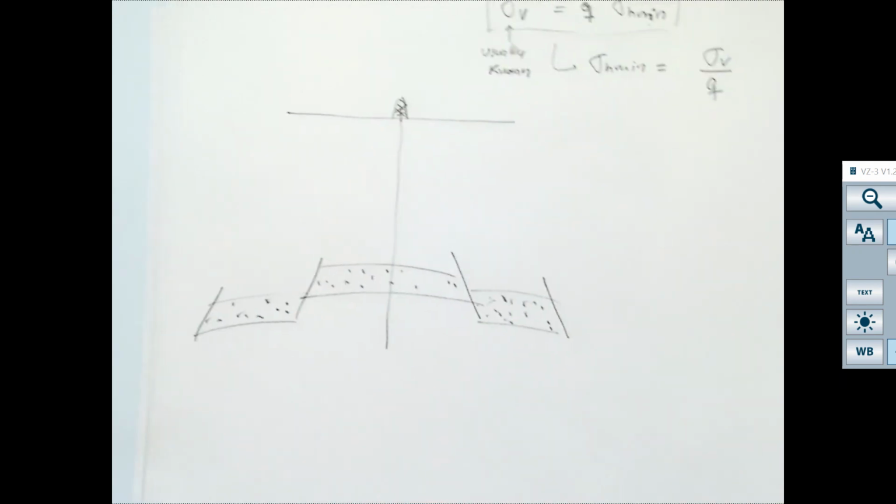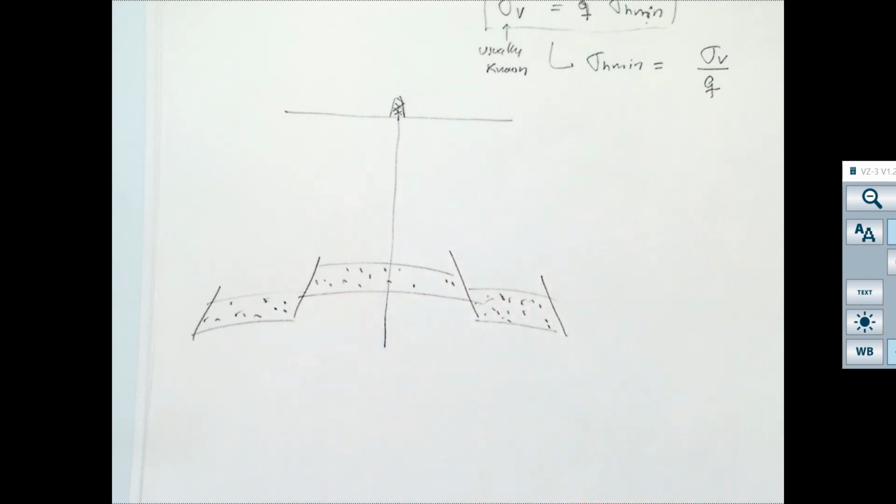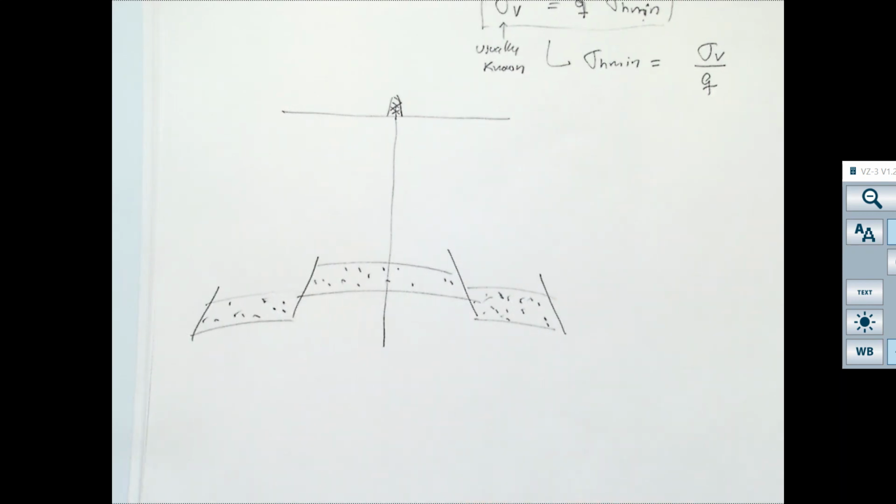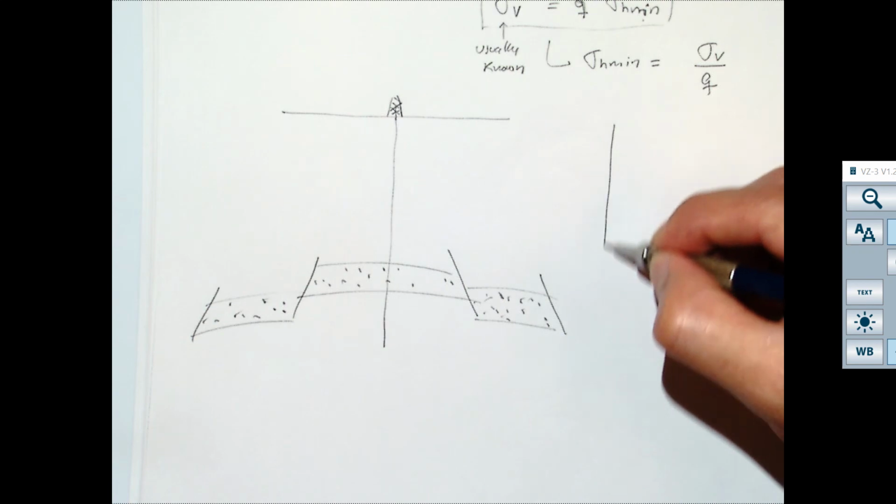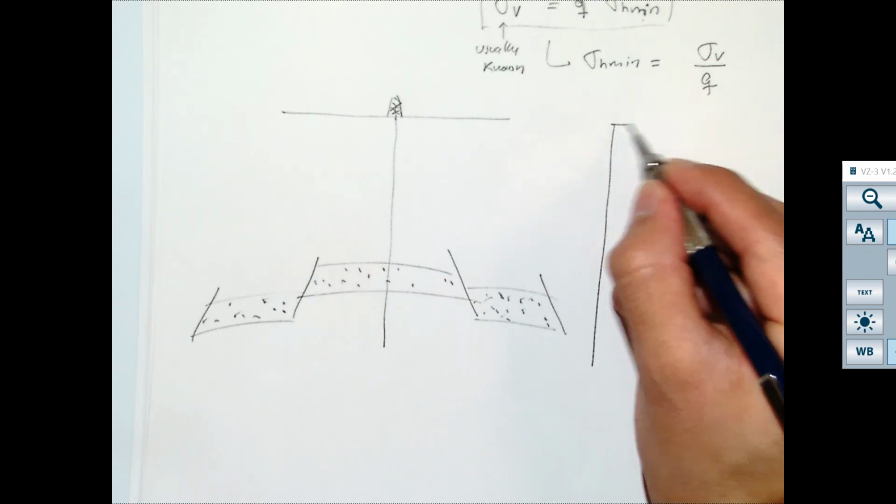If we know sigma V, we can calculate sigma h min. And I think I have an example about that. Oh, okay. It's just a generic example.